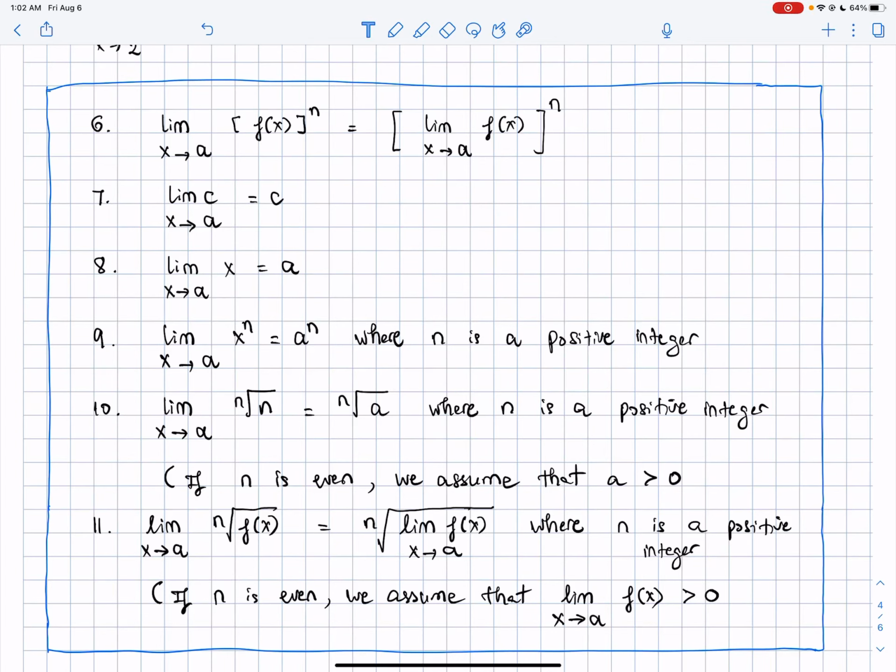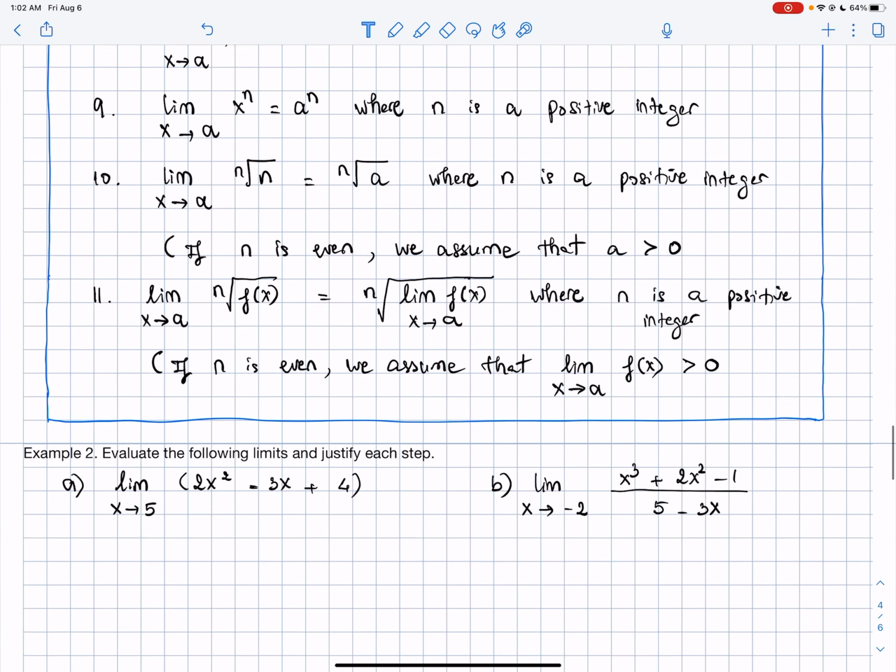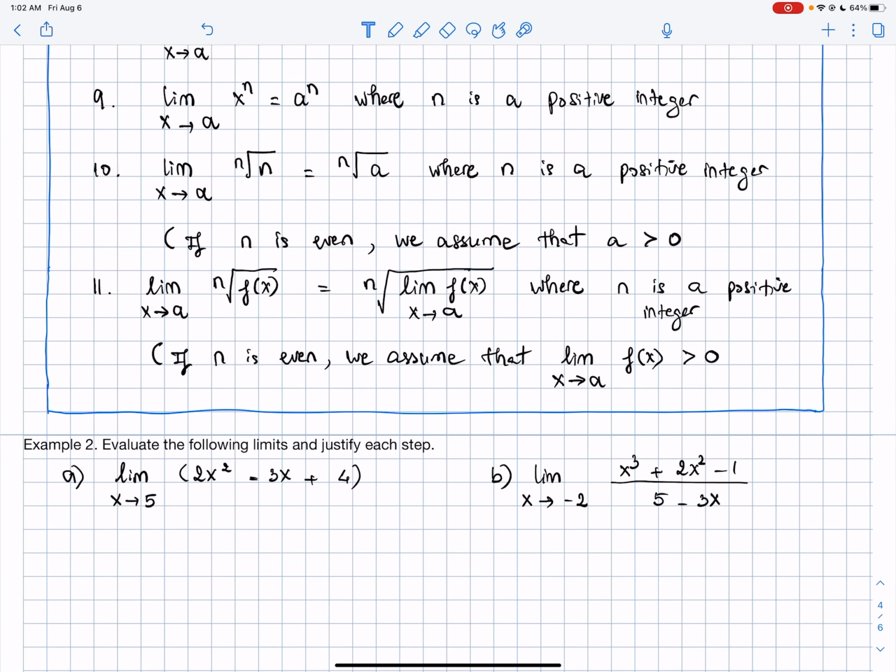We obtain the following laws from the first 5 laws, and we will use them to solve example number 2. We want to evaluate the following limits and justify each step.